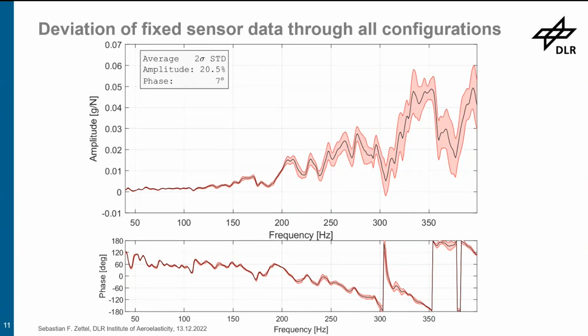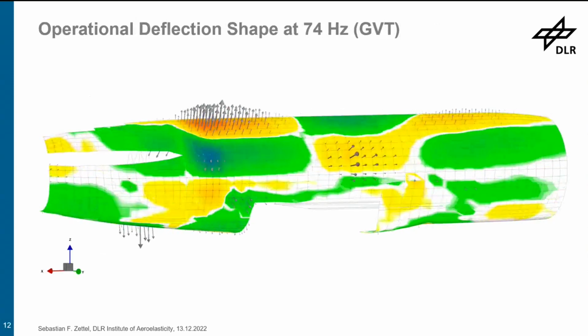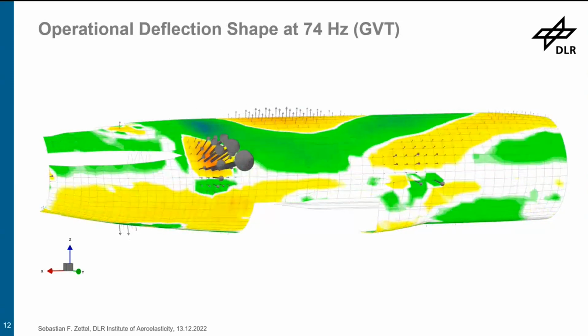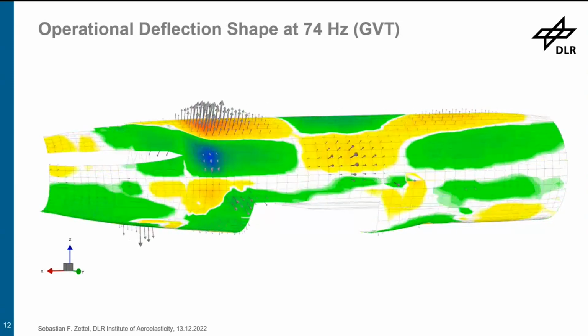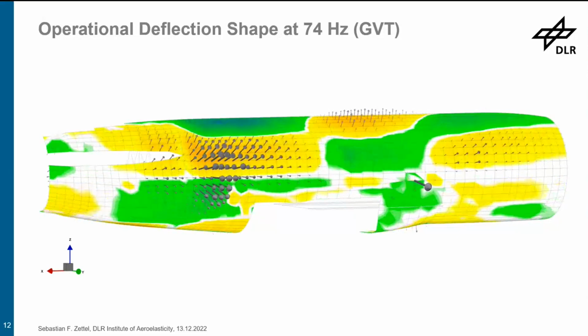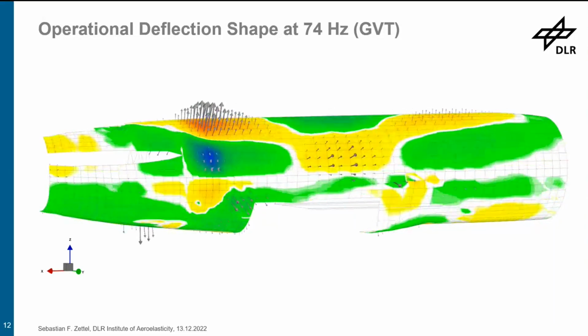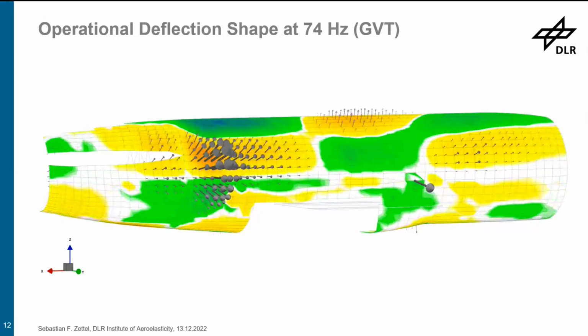And yeah, for this measurement quality, we were able to create these beautiful operational deflection shapes. Here's an example for the full fuselage deflection shape at 74 hertz for the vibro-acoustic test.